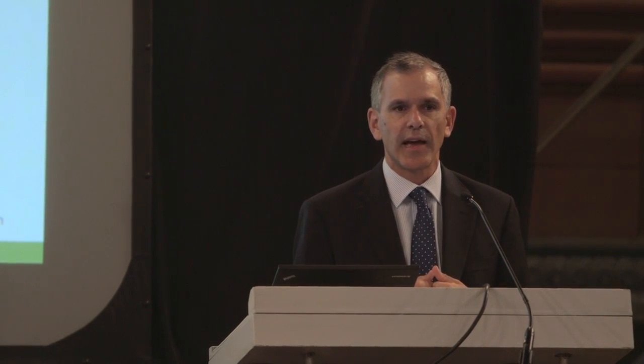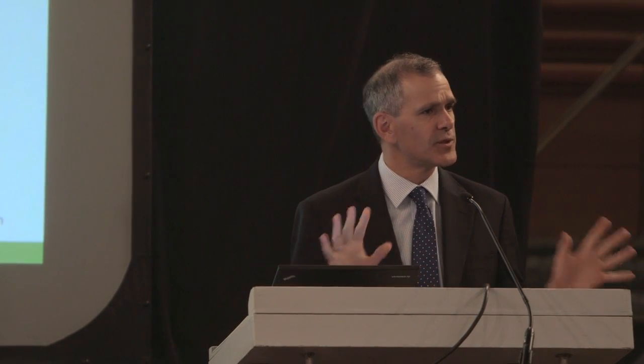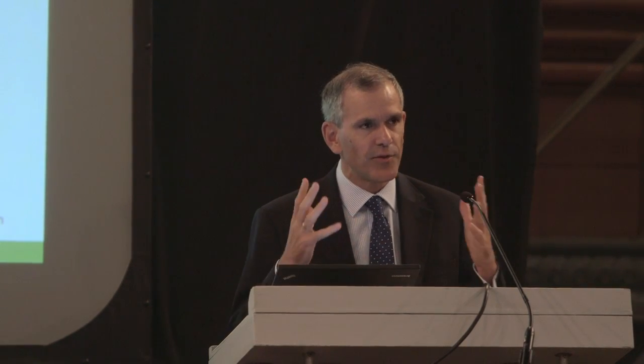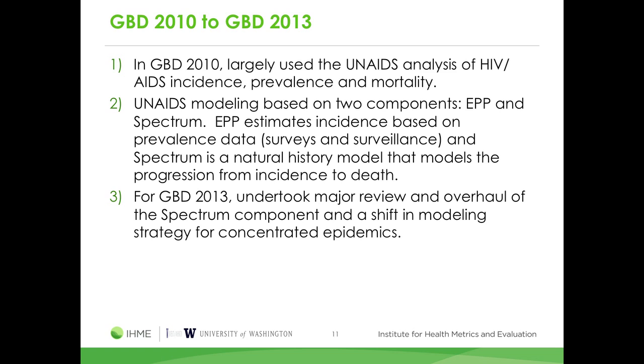For the GBD 2013, we've undertaken a much more fundamental look at the modeling effort around HIV. And I think the way to think about this, there are 2 components in the UNAIDS modeling approach, and we've followed their basic framework. There's the EPP component, which is back-estimating incidence from prevalence data.